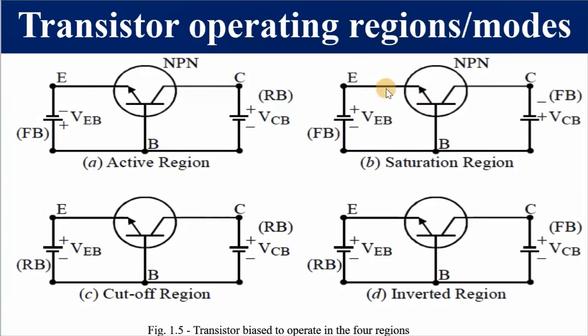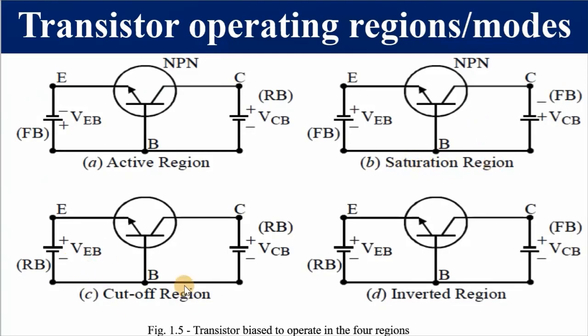So we can safely say the base emitter junction is forward biased, and the base collector junction is also forward biased for the transistor to operate in the saturation region. The negative terminal is connected to the n-type material, hence majority charge carriers are going to flow. So forward bias to both junctions results in the transistor operating in the saturation region.